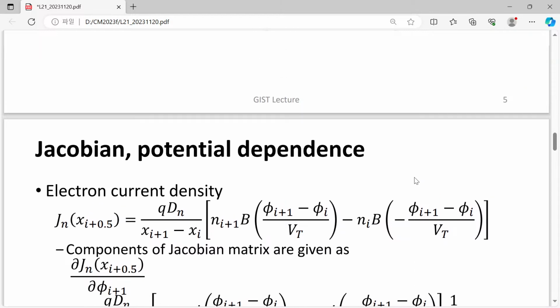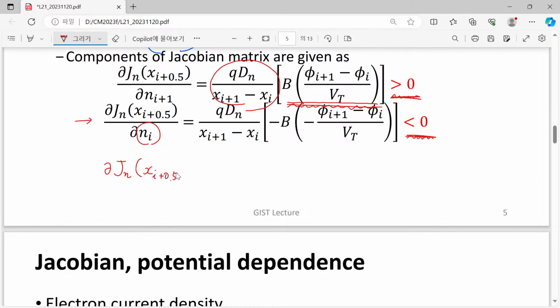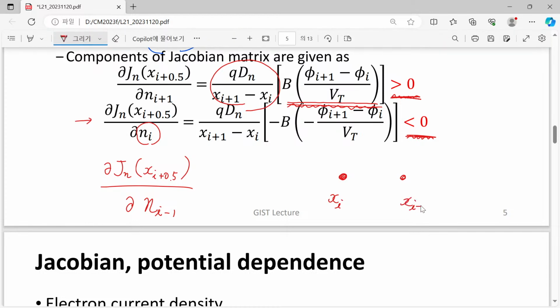Also, we can ask this question. If we have Jn defined at the I plus a half position, then how about N sub I minus 1? So we are now talking about the flux between x sub I and x sub I plus 1.